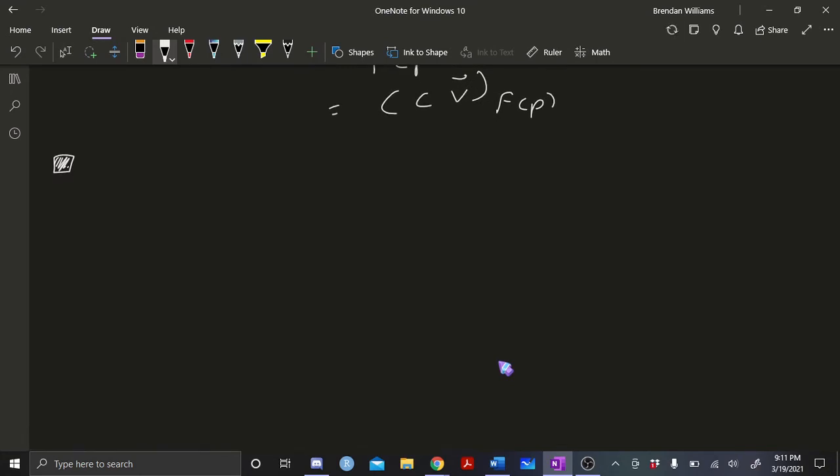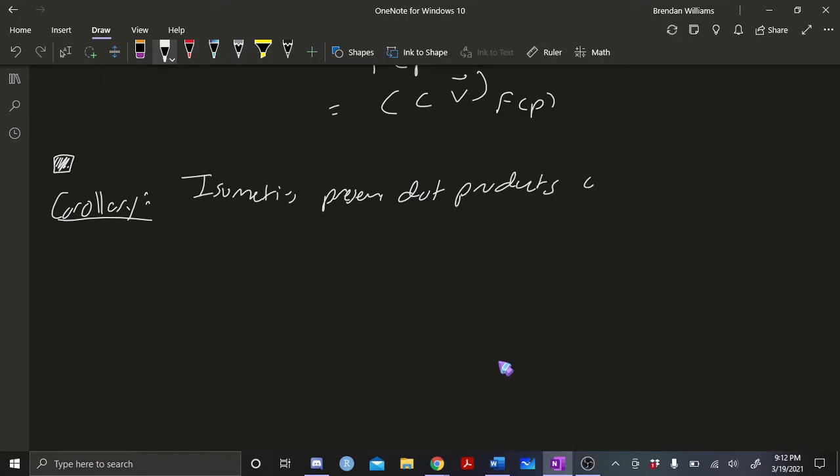Okay, I'm going to move on. And this result has a corollary, which I'm also going to prove. And that is that isometries preserve dot products of tangent vectors.